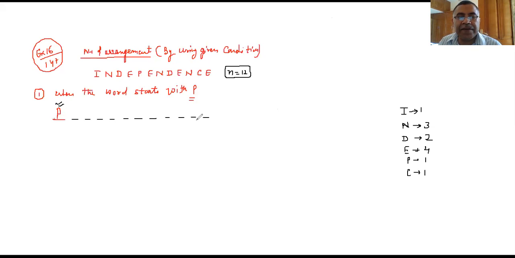So these 11 places, now after fixing the place of P as first, the rest of 11 places can be arranged.